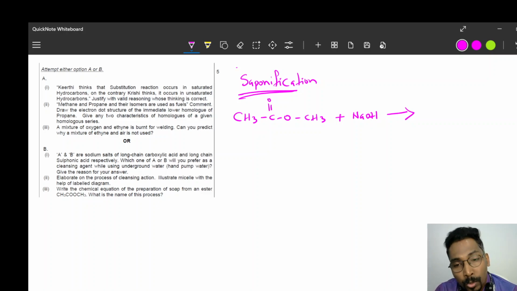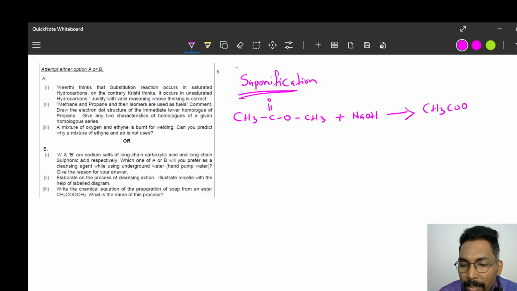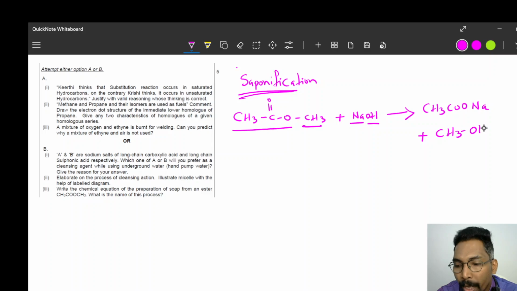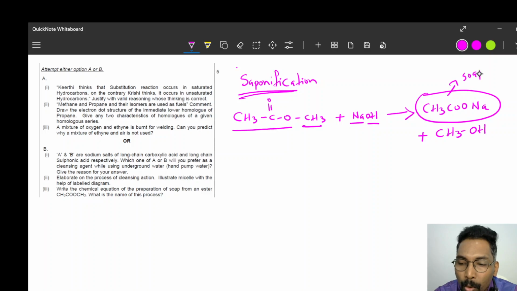You will get the soap molecule, CH3COONa. This Na and this much part is released as CH3COONa, and what is left is CH3OH. So this molecule, CH3COONa, is actually the soap molecule.